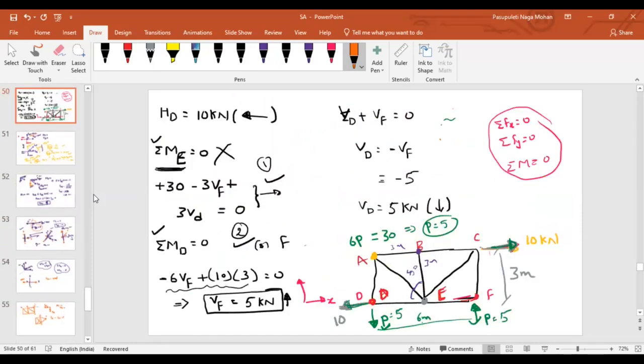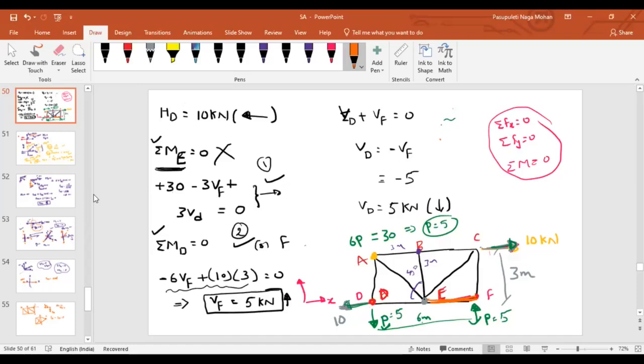Now, quickly, can you tell me what is the force in member EF and what is the force in member CF? EF will be 0, sir. Now, at F, how many members are connected? CF, P, and EF is also there. Out of them, any collinear members?